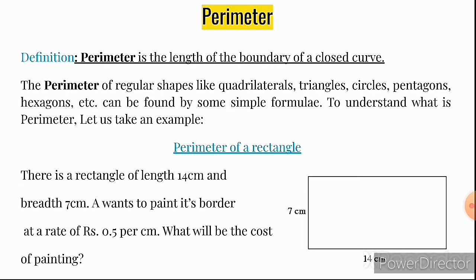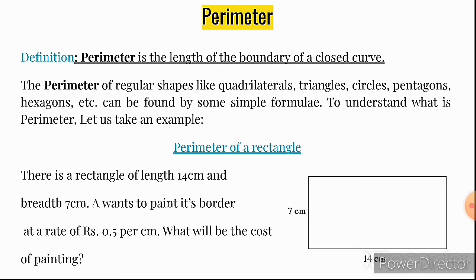To understand the perimeter of a rectangle, we have taken an example. See what the example is describing. There is a rectangle of length 14 centimeter and breadth 7 centimeter, which means the parallel lines in the longitudinal direction have a magnitude of 14 centimeter, and the parallel lines running in the horizontal direction have a length of 7 centimeter, right?